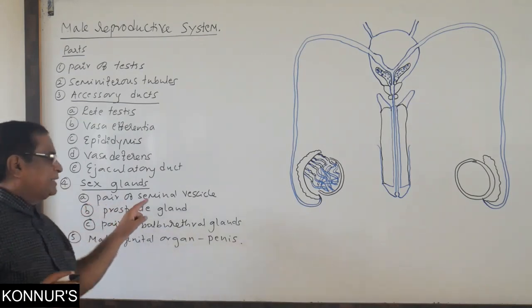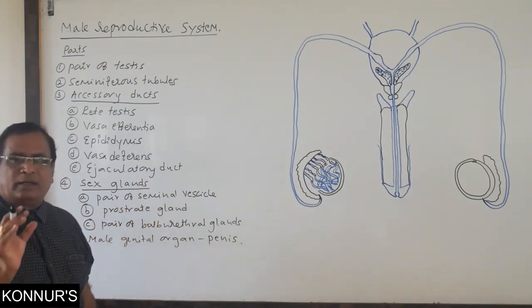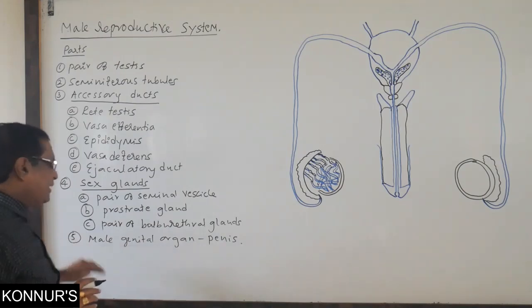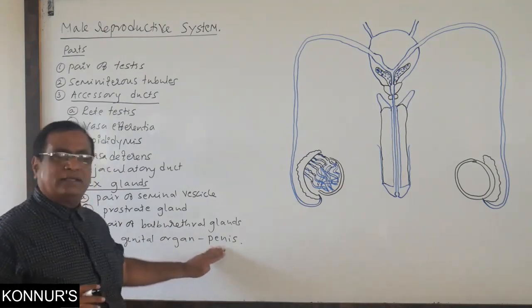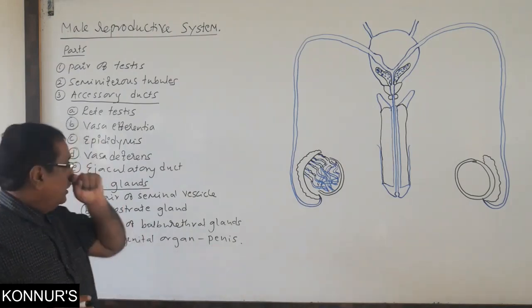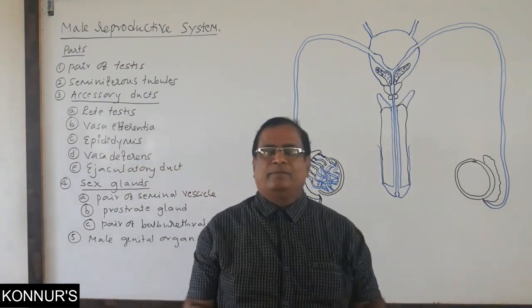Those are a pair of seminal vesicles, the prostate gland, and a pair of bulbourethral glands. Finally, the male genital organ, that is the penis. Let us start with the pair of testes.